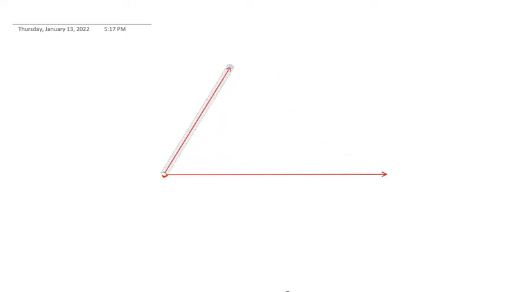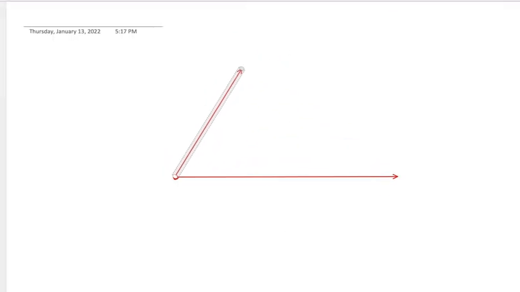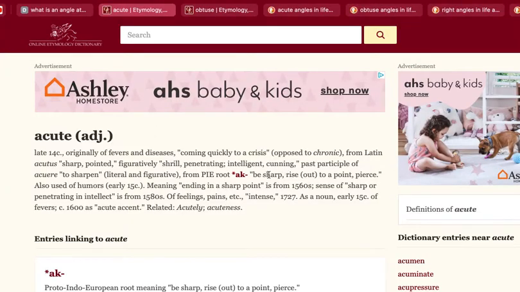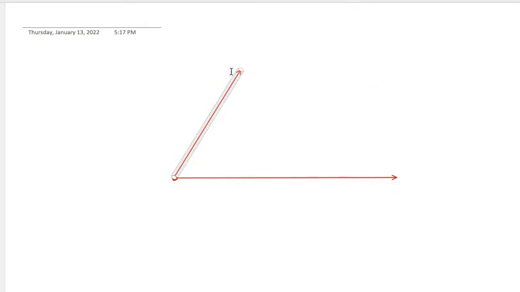So, like I had mentioned, I like learning the names of different things and what they mean. So acute, when we look at it, it's sharp. It means the word sharp, which kind of makes sense because when we look at the angle, the tip of the angle is very sharp. And the smaller it is, the more sharp it is, like a needle.